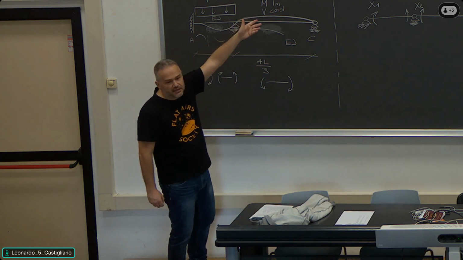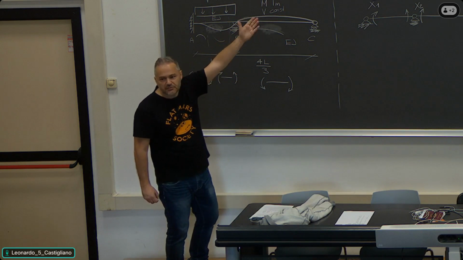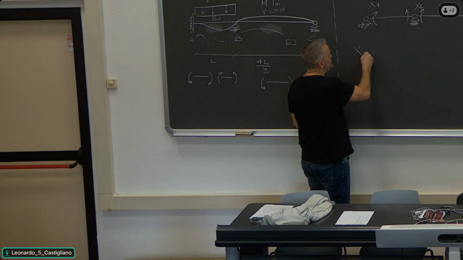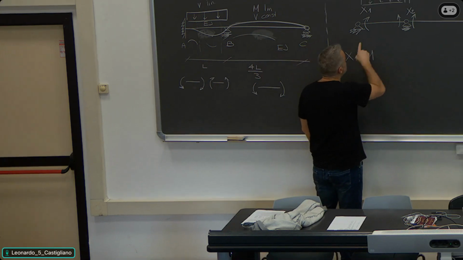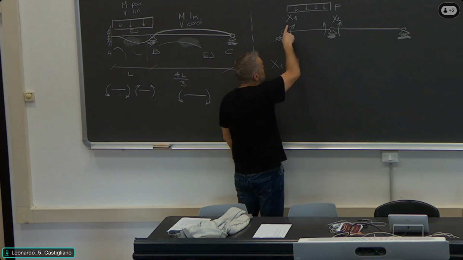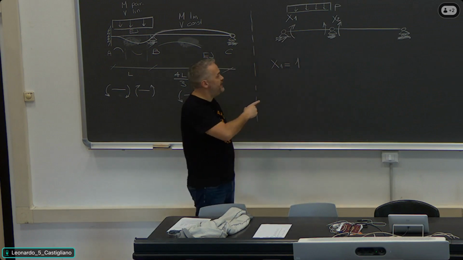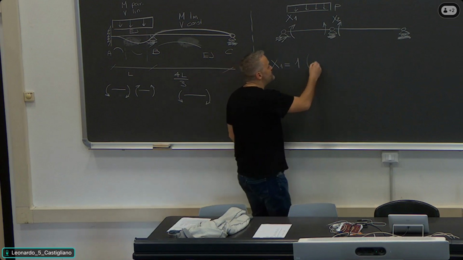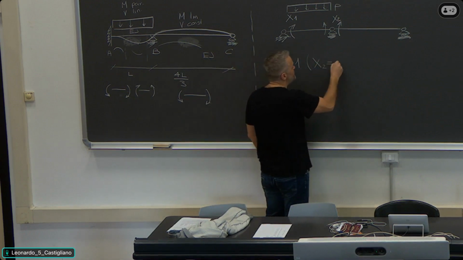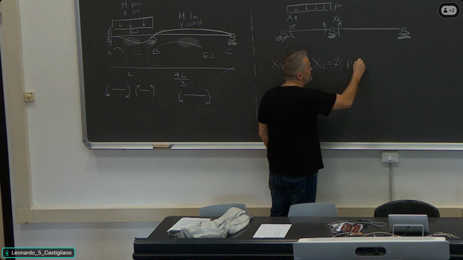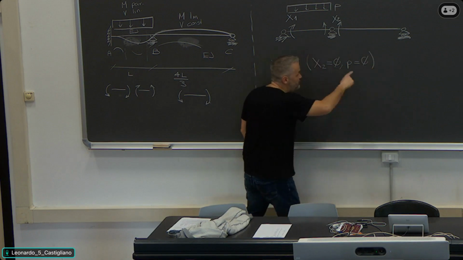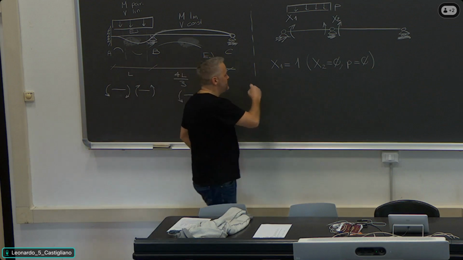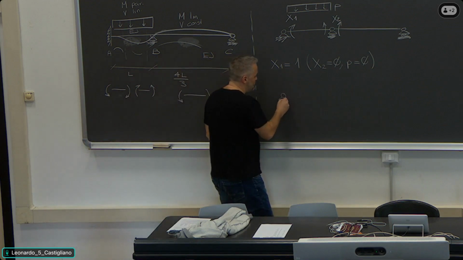So P is an externally applied load, it will remain P. So this means I will study the effect of the first unknown x1 with a unit value 1. This implicitly means that at the same time I consider x2 equal to 0 and P equal to 0. So the only effect acting on the structure in this case is the first unknown with a unit value.